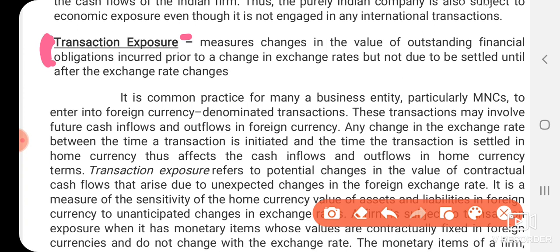Whatever it may be, the changes occur before settlement, not after the exchange rate changes. It is the common practice for many business entities, particularly MNCs, to enter into foreign currency denominated transactions.